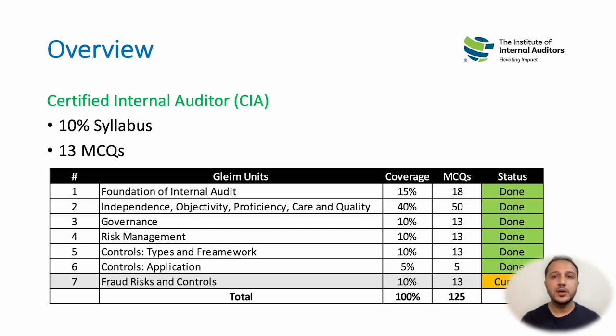We have 2 units regarding risk: risk management, unit 4, and fraud risk, unit 7. And we have 2 units regarding controls, related to types, framework and application, so it has been broken down into 2 units. I would have personally preferred if unit 7 was after unit 4, because it makes much more sense. But anyhow, this is how it has been compiled in the GLEIM study material.